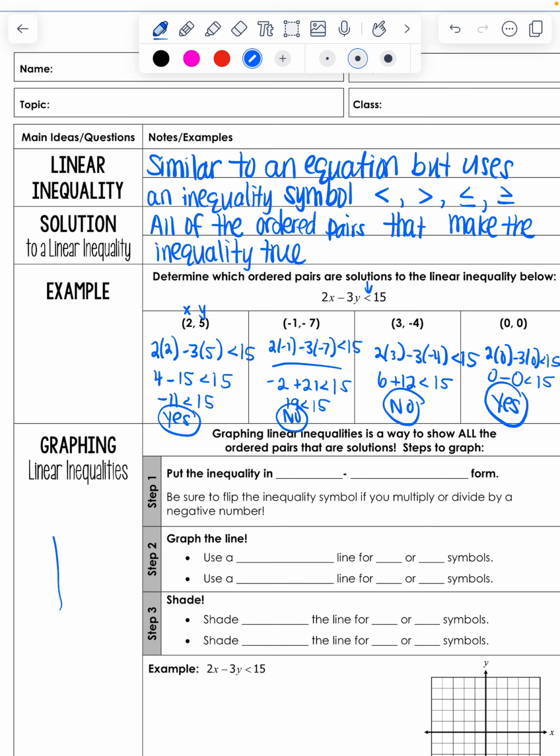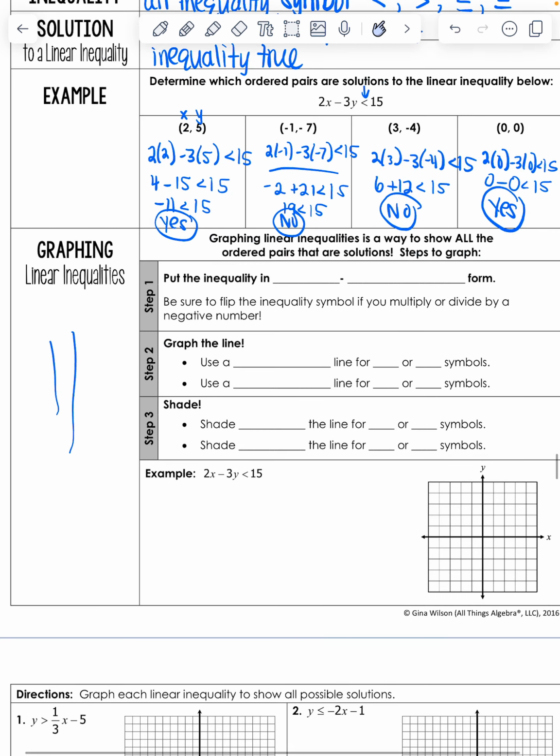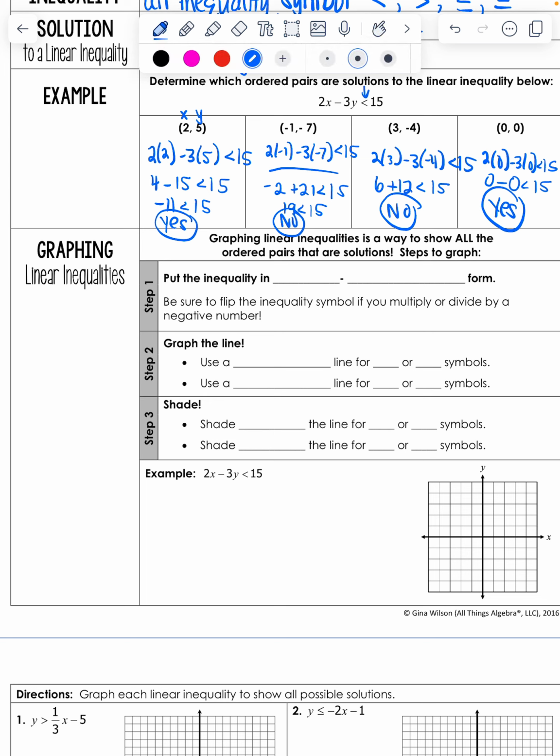So when we're graphing linear inequalities, the first thing that we need to do is put the inequality in slope-intercept form. So that's step 1. Now don't forget, anytime you multiply or divide by a negative number with inequalities, you have to flip the inequality symbol's direction, just like we did back in the beginning of the year when we were learning about just solving inequalities in general.